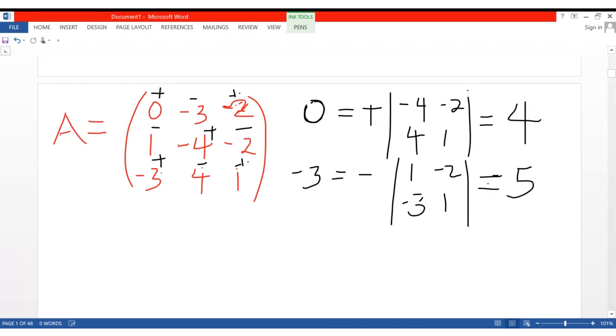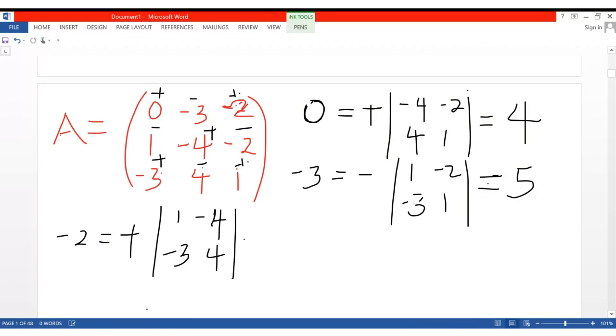So I'll go again to the second element, which is -2. There the sign is positive. Again, I'll block. When you block, you remain with 1, -4, and then -3 and 4.